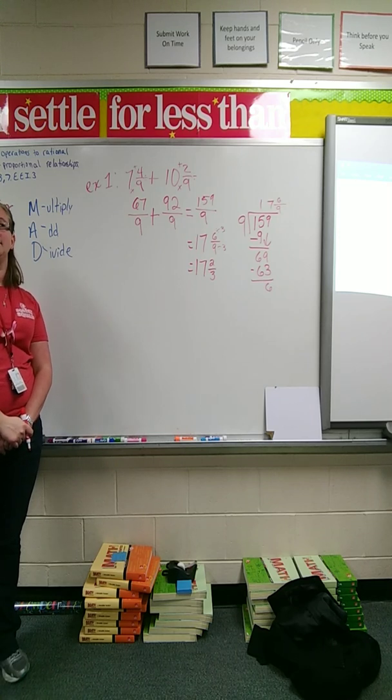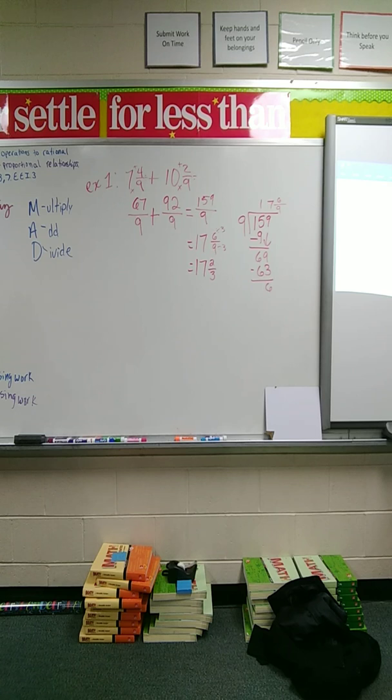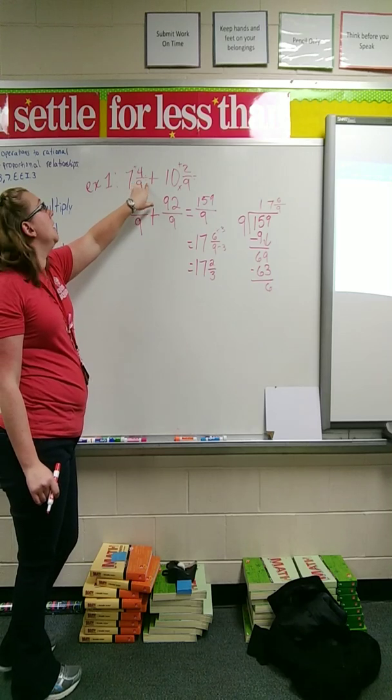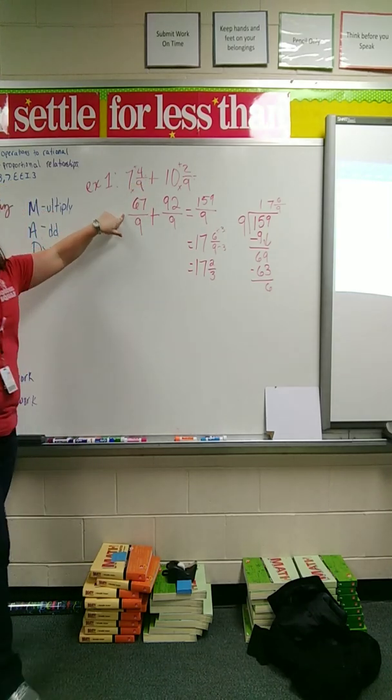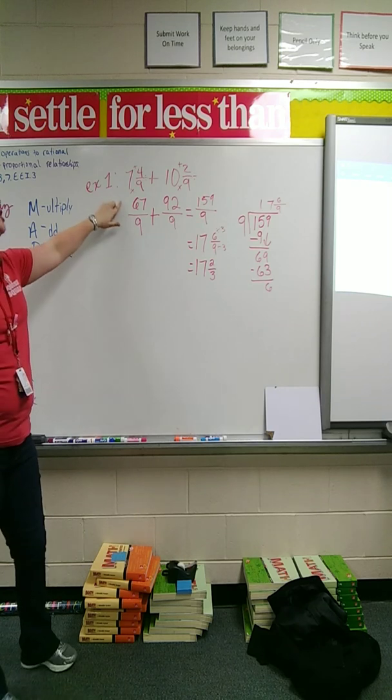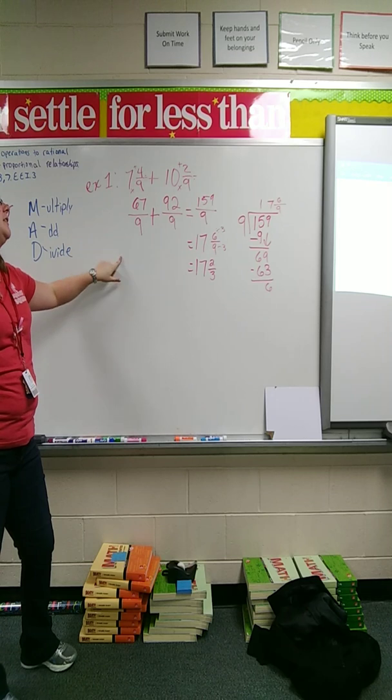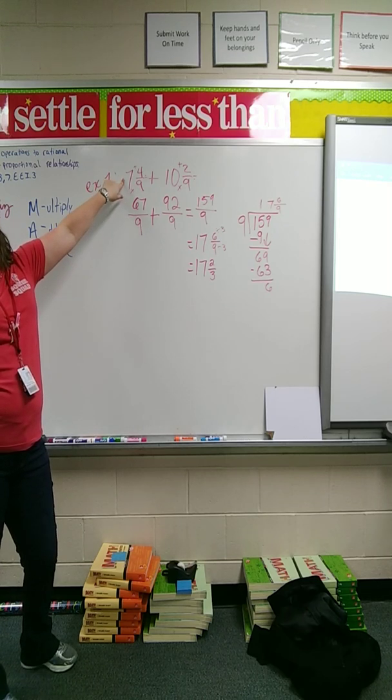What questions do you have? What did you times both of them? Yes. After you multiply and add, so you multiply it, then you add it. And then you divide it after you get the other side. Right, so the divide here, remember we said that a fraction bar was a fancy division problem? So we're showing my division problem, we're not going to actually divide, because if we actually divided, we would end up with our mixed number again.